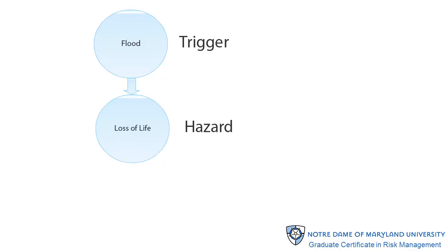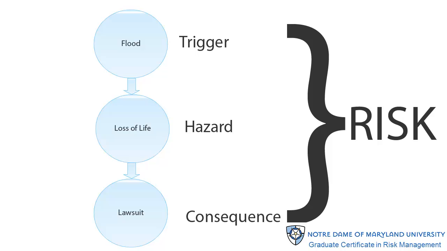Counsel for a flood district has a very different perspective. The trigger is the flood, and the hazard is the loss of life. The consequence of concern, however, is the lawsuit that could result. All these components together, as well as the detail of the story of how the flood causes a lawsuit, would comprise the risk.